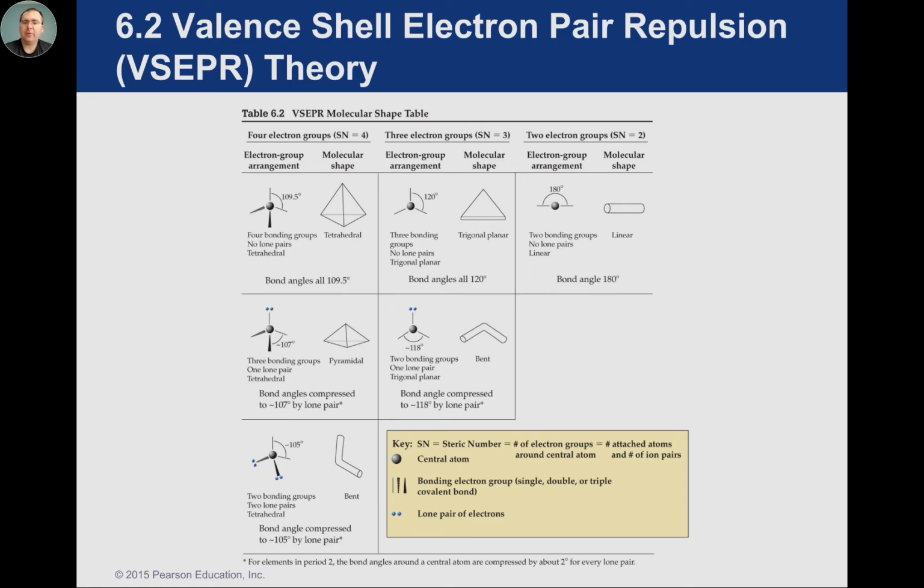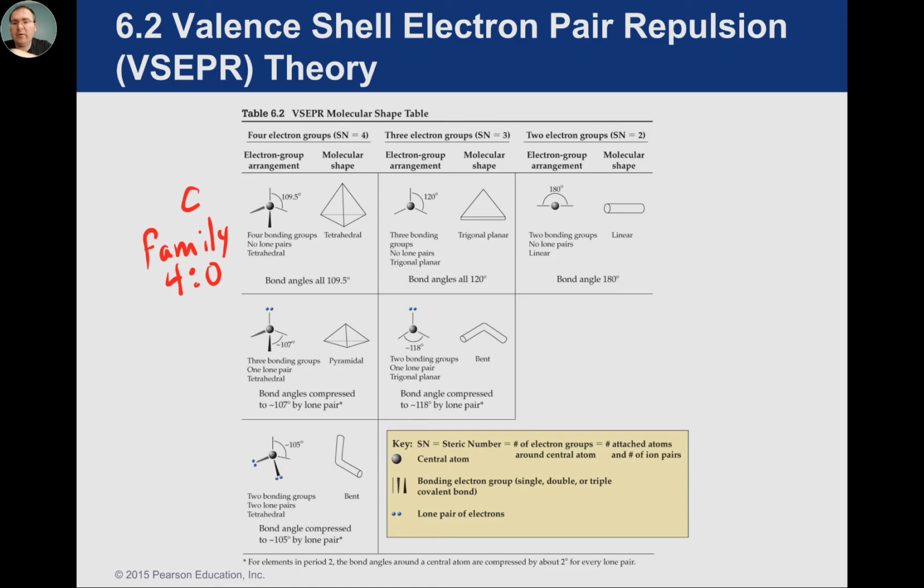So here's kind of a summary of that entire process. Notice we have, from this left side, the different steric number 4s. What we're seeing first over here is going to be the carbon family, and that's because carbon family likes 4 bonds and 0 lone pairs.